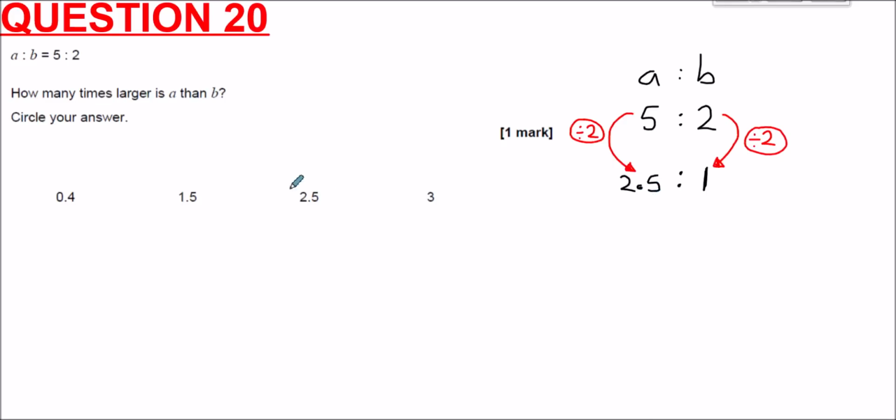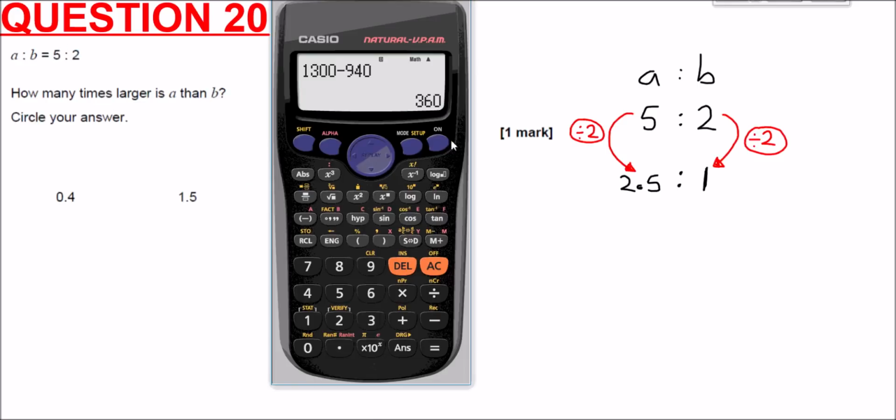And so a is 2.5 times the size of b. Another way we could have done this one would have been to have just done 5 divided by 2 on the calculator. Compare the large to the small. Large divided by small will tell you the scale factor if you like. And that's 2.5.